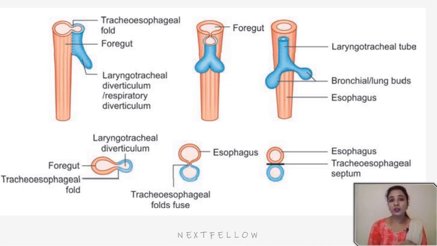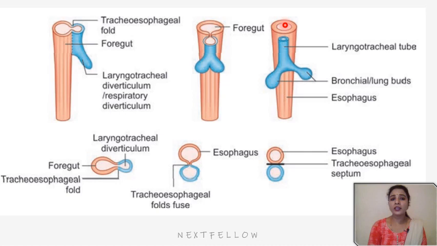A tracheoesophageal septum divides the foregut into a ventral portion, that is a laryngotracheal tube, which is shown in the blue color here, and the dorsal portion, that is the primordium of oropharynx and esophagus, which forms the oropharynx and esophagus in adults. So the ventral portion forms the larynx, trachea, lung buds. You can see the ventral portion eventually growing into two as primary bronchi and lung buds.